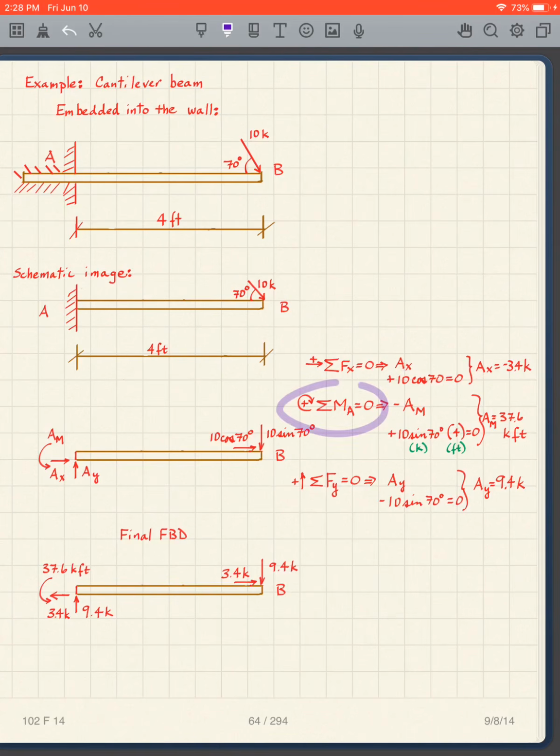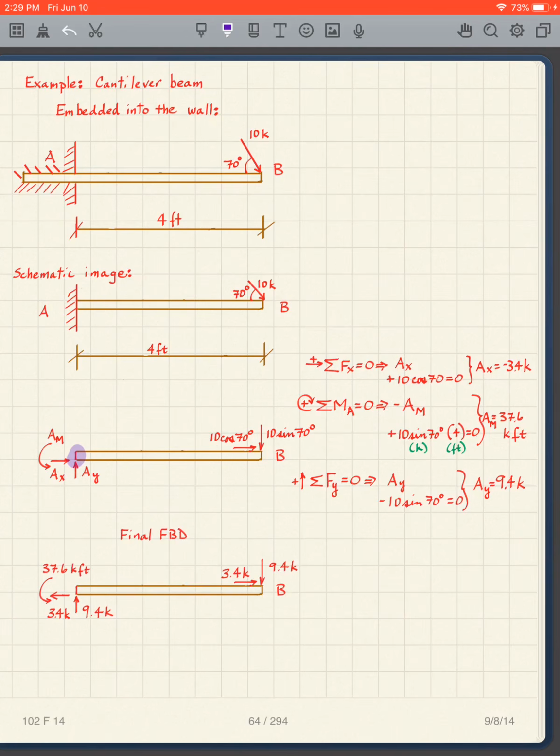Now I'm going to take moments about A equaling 0. I pay attention to this sign. It's counterclockwise, so it's going to be minus AM. I just treat it just like known forces, so I just follow the rules, nothing different.